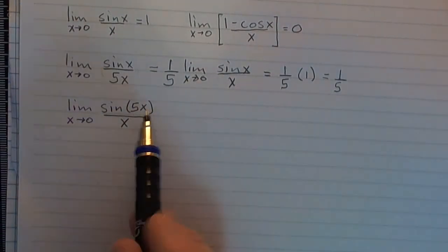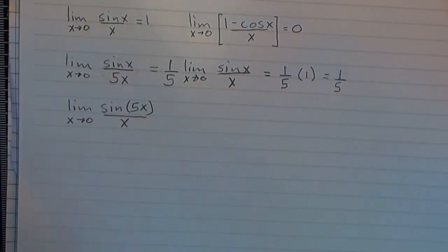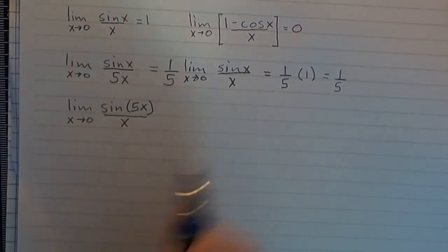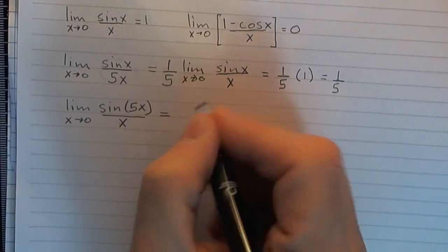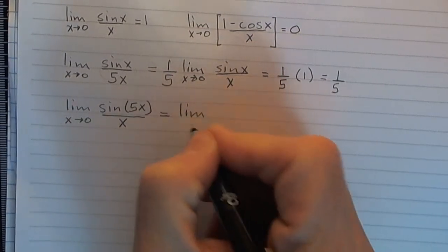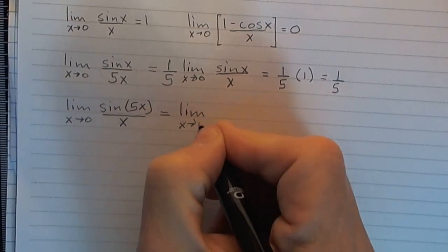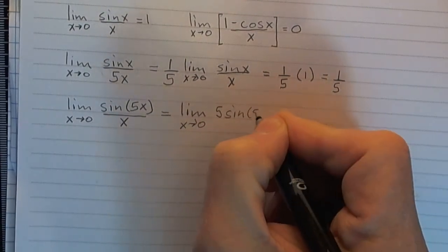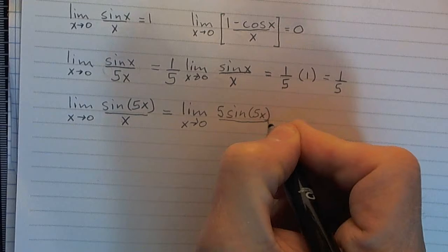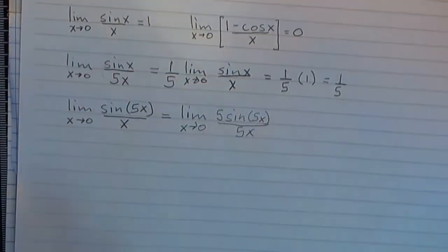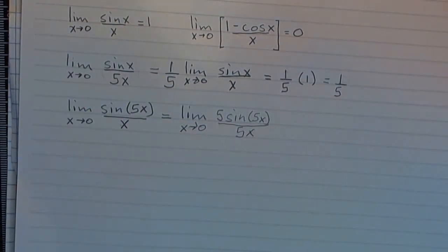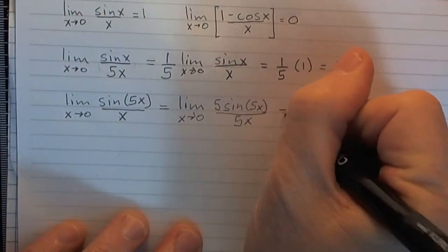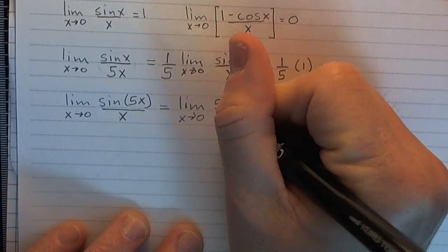So I've got a sine 5x over x. So what I need is a 5x down here. Well, I'll just multiply the top and the bottom by 5, and that'll do the trick. So I've got 5 sine 5x over 5x. I just multiply the top and the bottom by 5. That doesn't hurt anything. And then I can factor out this 5 up top.